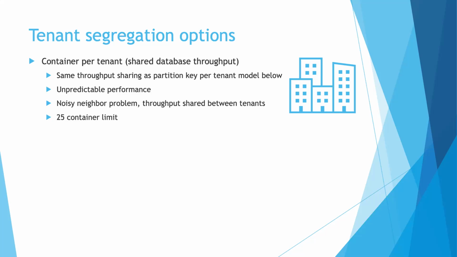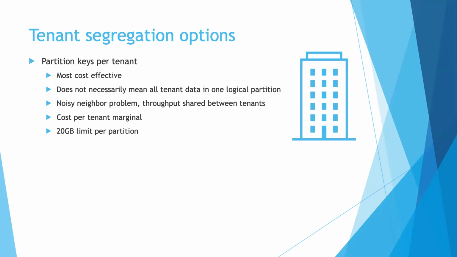So if you've got more than 25 tenants, you're going to need to manage several databases if you go with this option. And then the final one is partition keys per tenant.